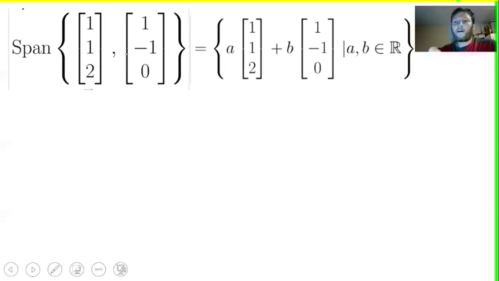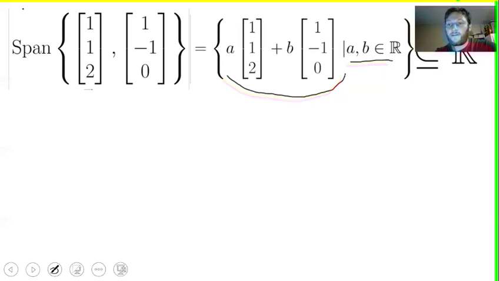So another way to write that is that if we have two scalars, a and b, times these two vectors, where our scalars come from the field R, the set of linear combinations of them, where a and b run through all of R, that's called the span of these two vectors. And of course, this is a subspace of R3.